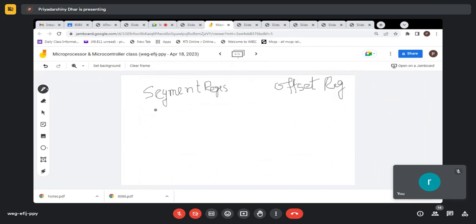If we consider code segment, then the code segment register is used, and at that time which register will hold the offset address? That is our instruction pointer. Write down instruction pointer.